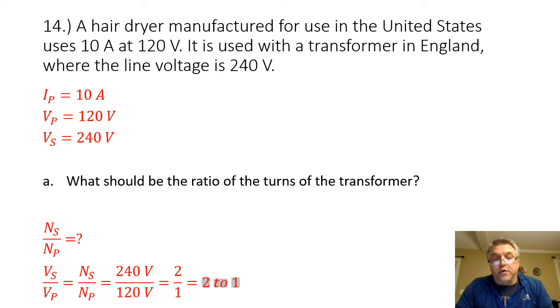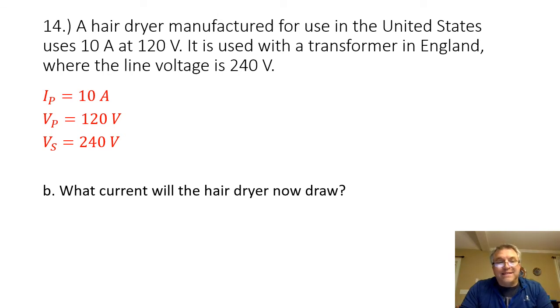The voltage in the primary coil is 120 volts. When I reduce that down, I am going to get a ratio of 2/1 or 2:1. And because this is a ratio, there are no units. It is dimensionless. And if we look back at our fraction here, I know my volts are going to cancel out with one another, and that leaves me with no units, which is what I want for a ratio.